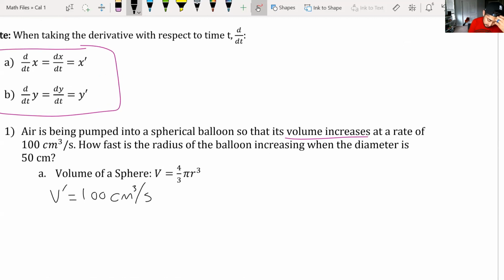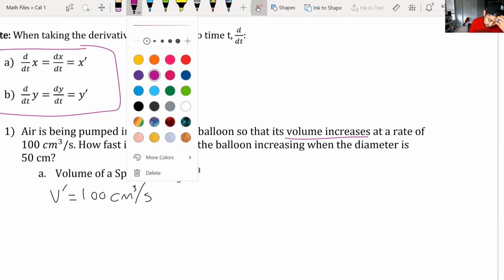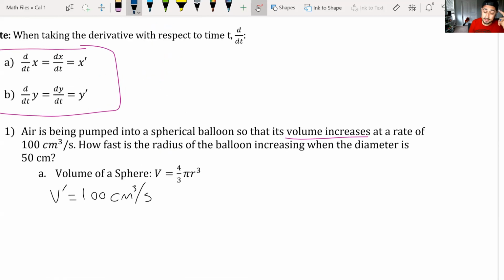And then what we are looking for is, I'll change the color. There you go. And then it says, how fast is the radius of the balloon increasing? So this means that we are looking for R prime.